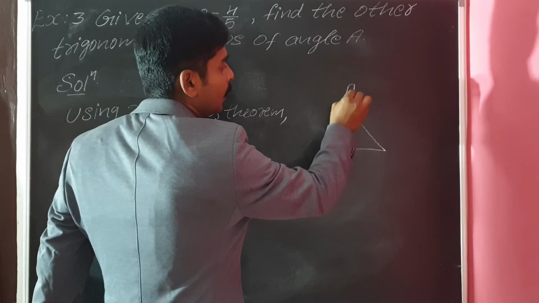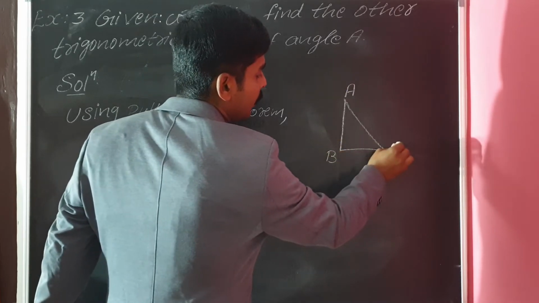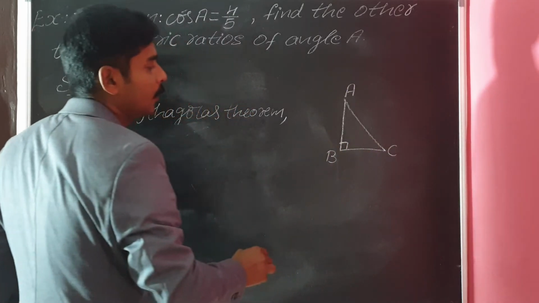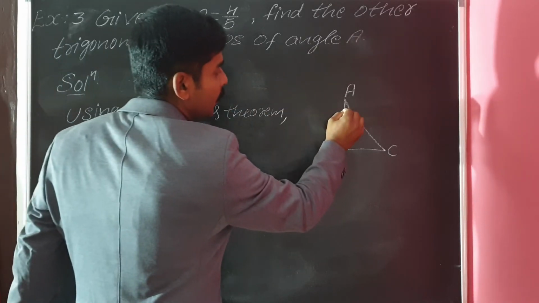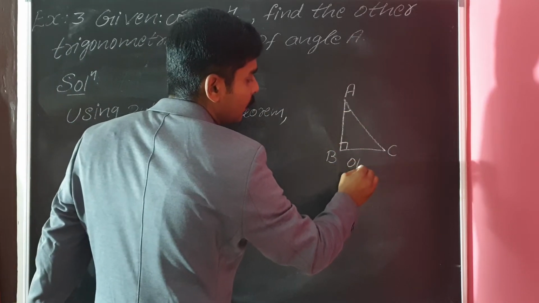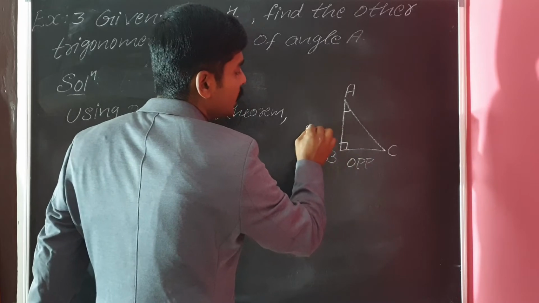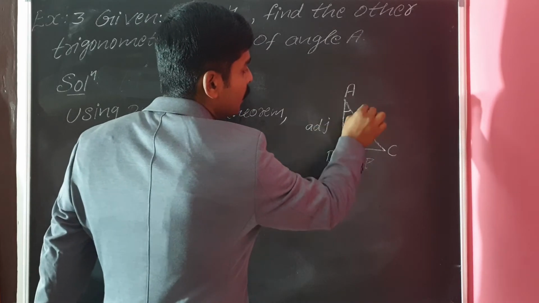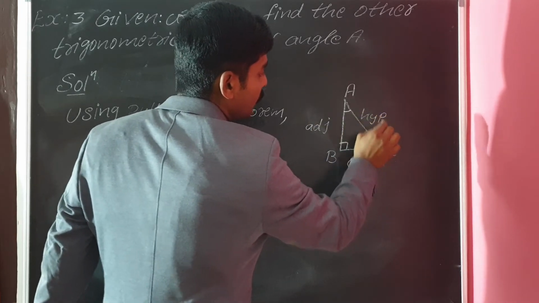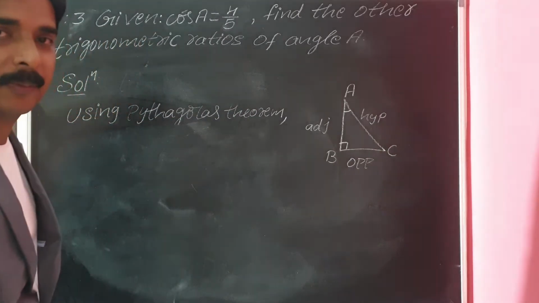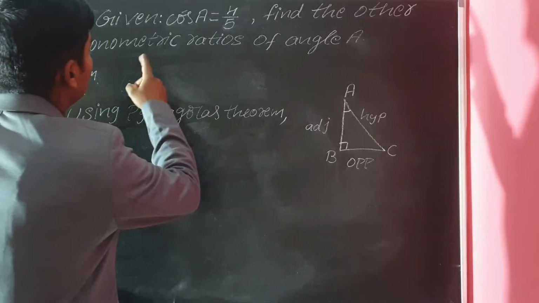Now since it is given cos A, we have to consider a right angle triangle ABC, right angle at B. So with respect to angle A, this will be the opposite side and this is the adjacent side, and AC is the hypotenuse. Now what is given?